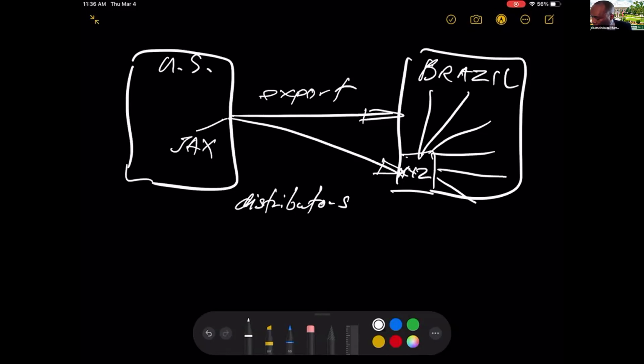Or you can have a branch of your company, and let's say your company is ABC, just keeping it simple. You can have a branch here.